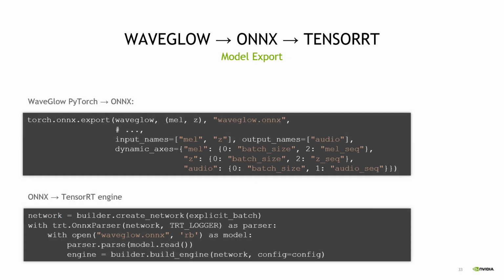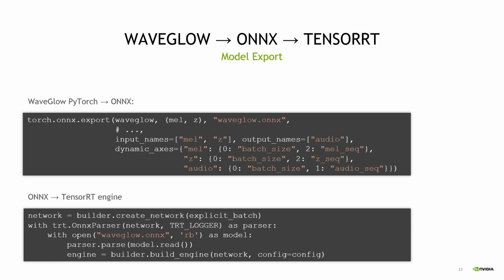After we have done these modifications, we can now export the model to ONNX. So we just provide a modified model, then we provide the inputs as a tuple. We name those inputs so that we can then use those names, for example, in the Triton configuration.